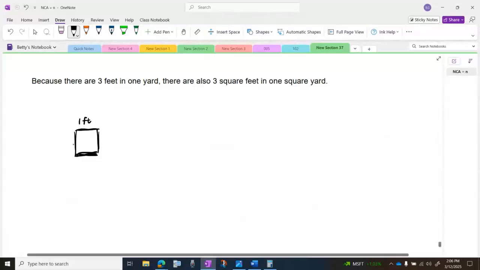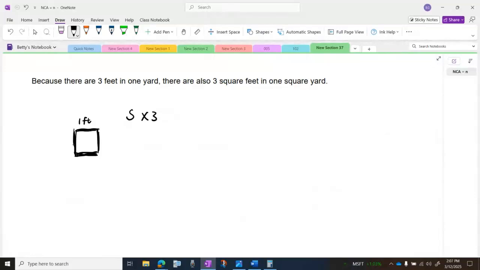It's a square with a side length of 1 foot, right? And now you want to triple the side length. You make all 4 sides stretch to 1 yard. So now you have 3 feet.